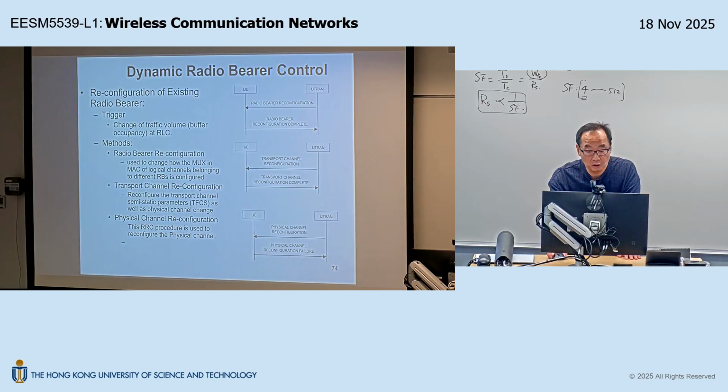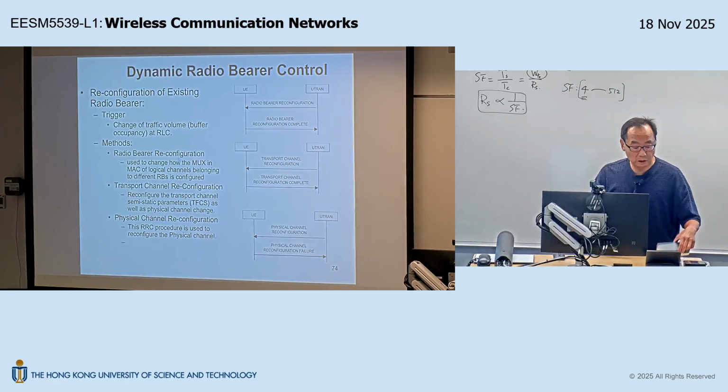Okay? So there are 3 levels. The trigger of this so-called dynamic bearer reconfiguration, or dynamic bearer control, is a change of traffic volume. Either there is an influx of customers into your supermarket, or suddenly the supermarket is empty. In response to this trigger, the RRC, the manager, can have 3 strategies. The first method is to trigger a radio bearer reconfiguration.